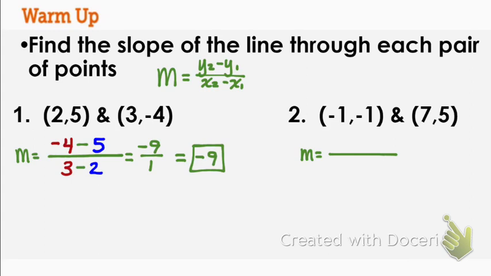What's another form that I could use when I have the slope and any other point? We talked about this 2 days ago. What form can I use when I have the slope and any other point? Anybody remember?